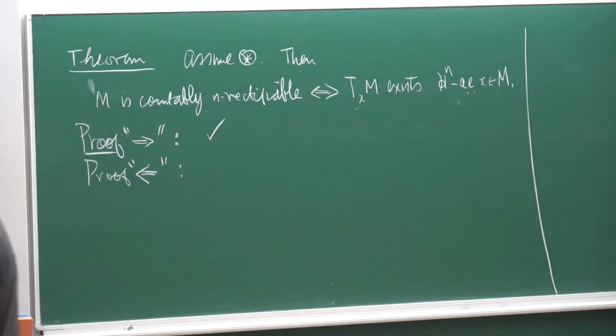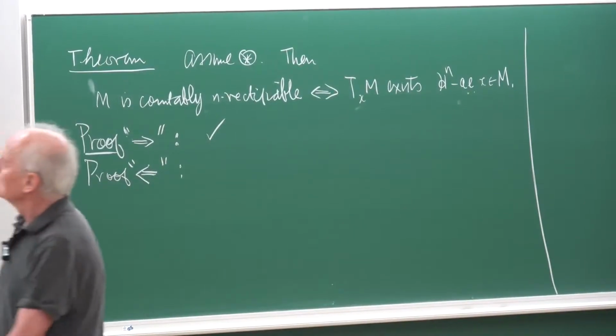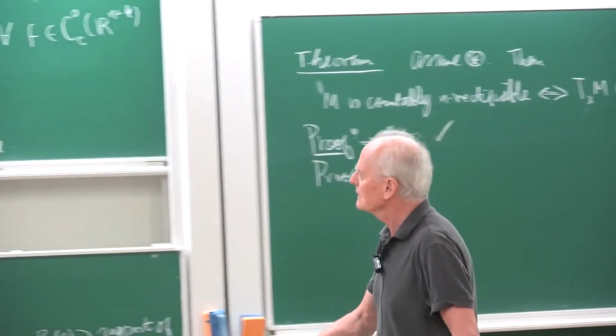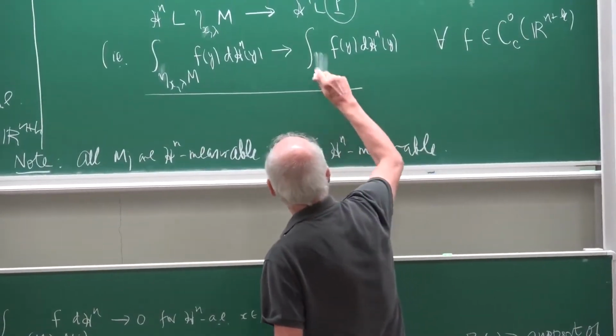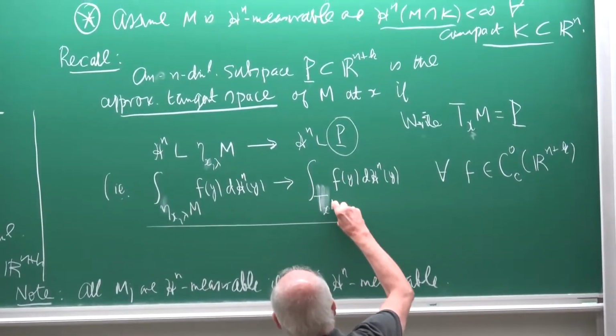Well, obviously then we have to look pretty carefully at the definition of approximate tangent space. So let's do that. Well, here's the definition of approximate tangent space. And it seems pretty clear, let's use our standard notation here, this is Txn.